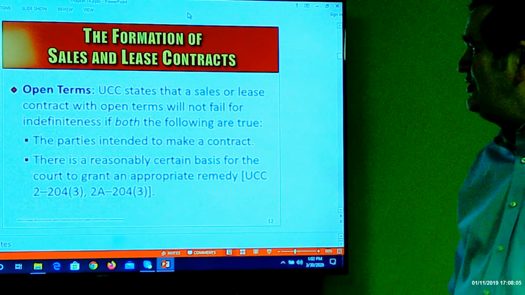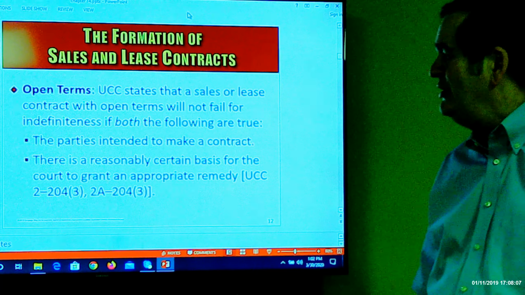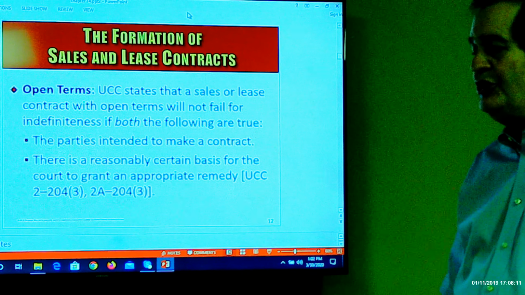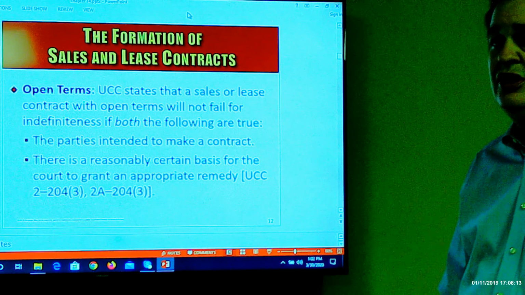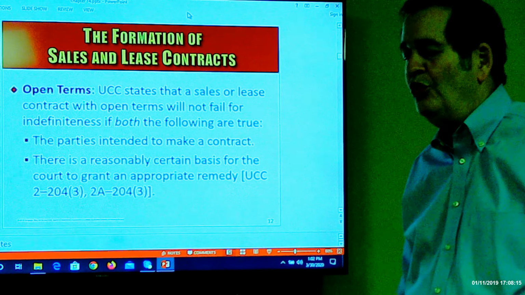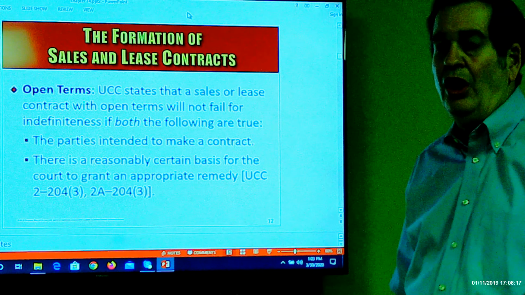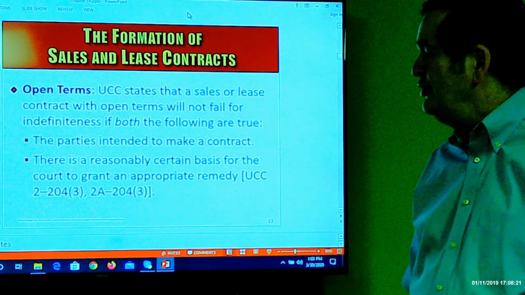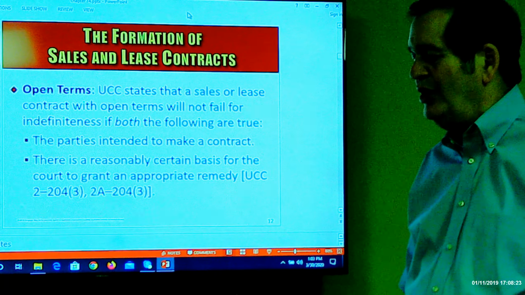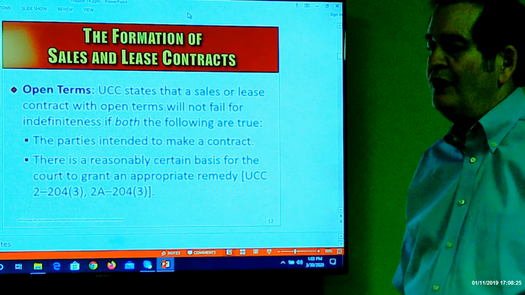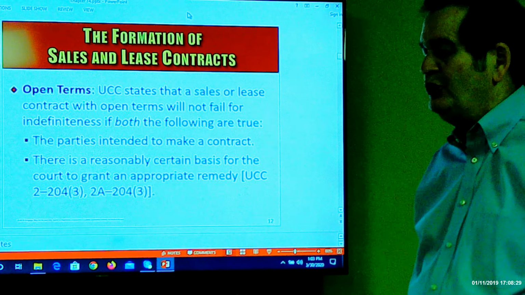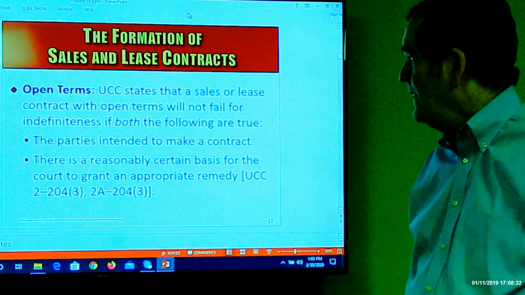So the UCC states that a sales or lease contract with open terms will not fail for indefiniteness. Notice the difference between this and the rule of law under common law, where the terms had to be definite. So this is the modernization of commercial transactions, making it easier for the court to find a contract and less likely that the parties will take a dispute to court.